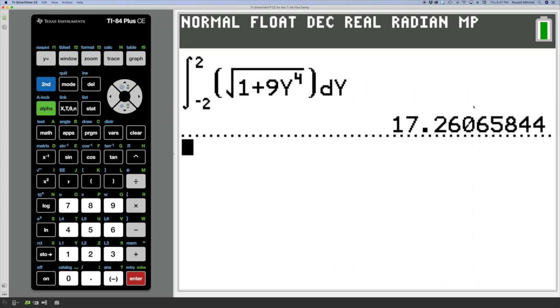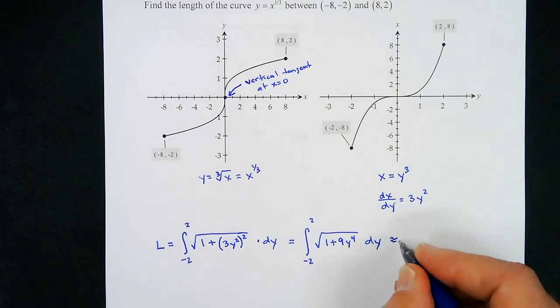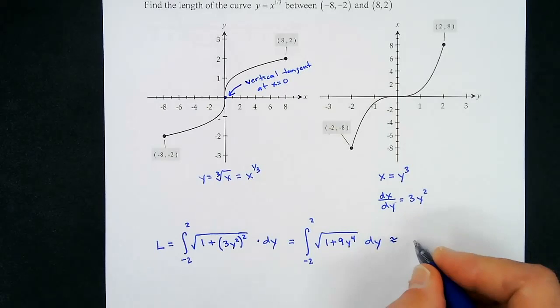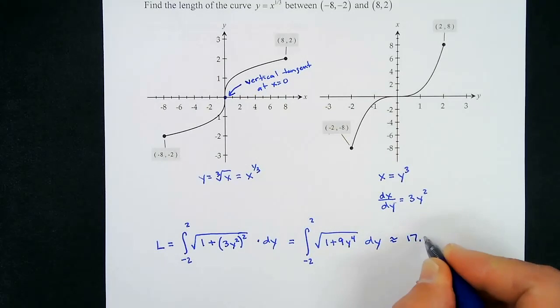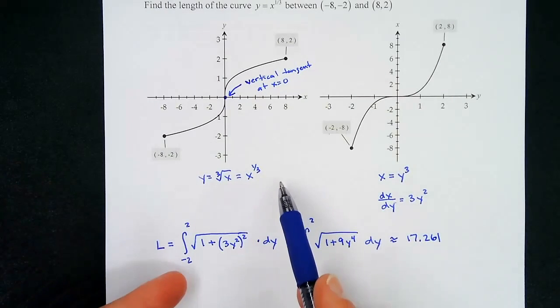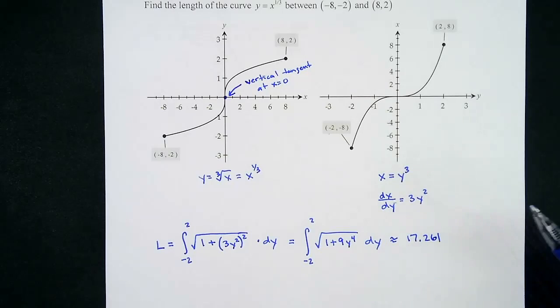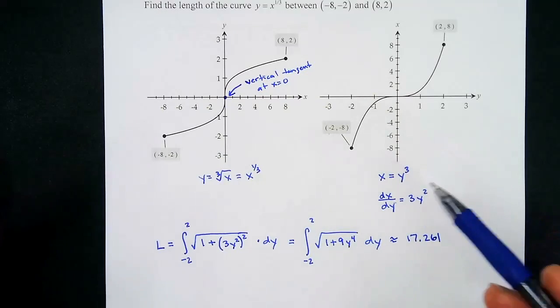So that's how we integrate it with the calculator. From our calculator, we now realize that this integral is 17.261, and that'd be the length of either y equals x to the 1/3, or cube root of x, or x equals y cubed. They're the same. They're going to be the same length because you've just transformed this.